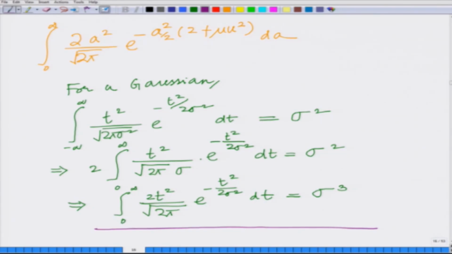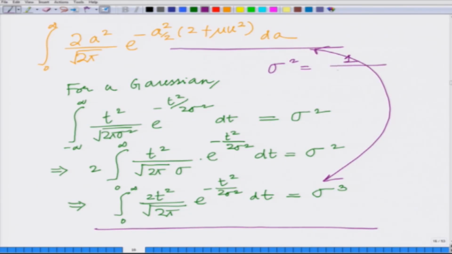Now, look at this, I have an integral 2 a square divided by square root of 2 pi e raised to minus a square by 2, and if you compare these two integrals, you can see the integral on the top is equal to the integral on the bottom. All I have to do is substitute sigma square equals 1 over 2 plus mu u square, or basically 1 over sigma square equals 2 plus mu u square.